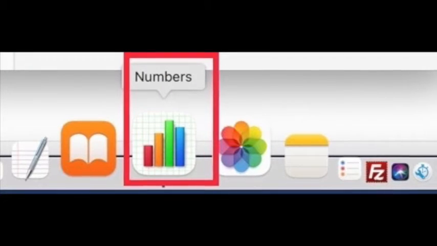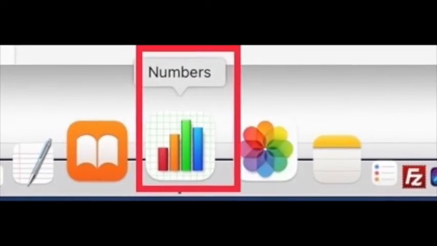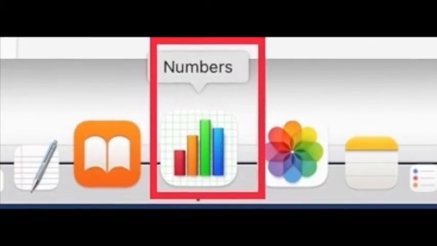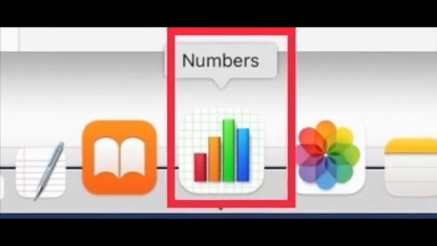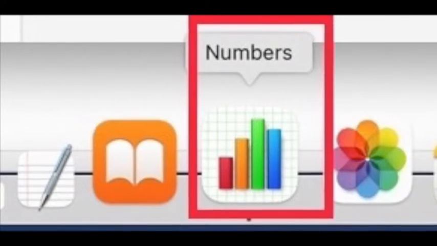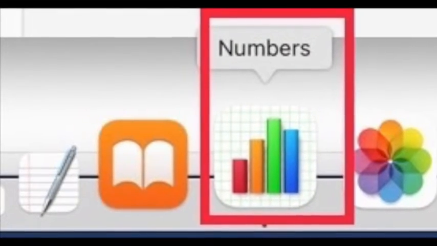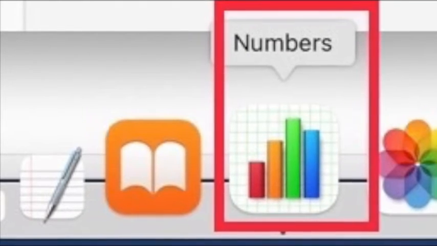To open Numbers on a MacBook Pro, you go to the dock at the bottom of the screen and look for the Numbers icon. It looks like vertical, colored bar graphs. If you don't see it, then you'll have to call me to see how to do that for now.